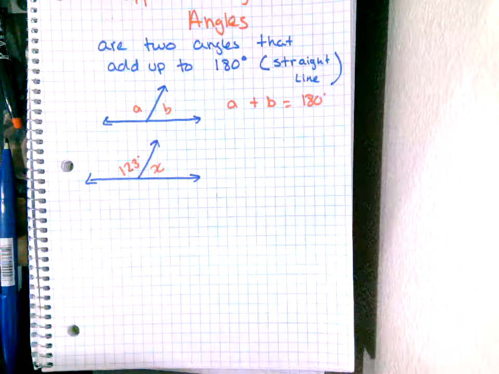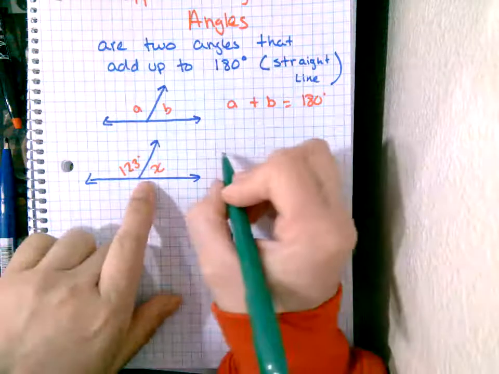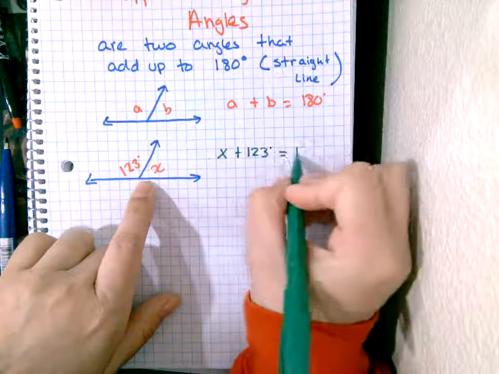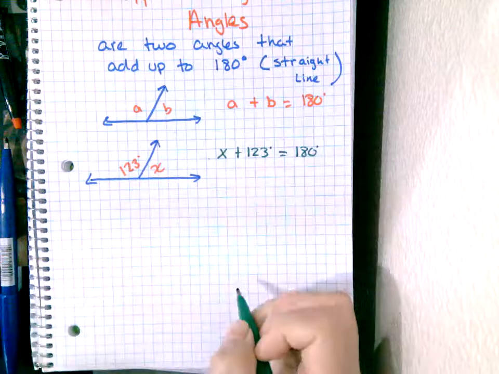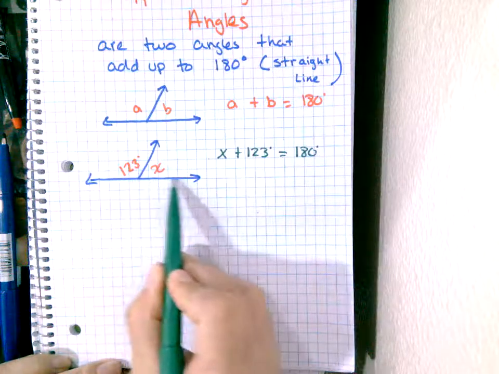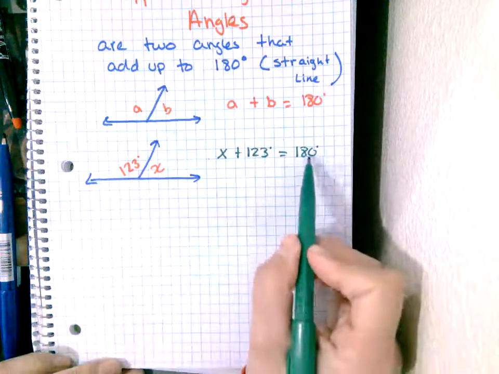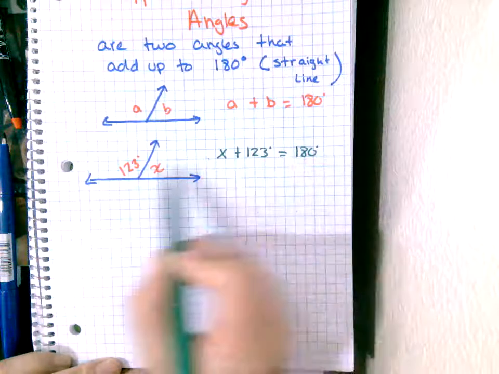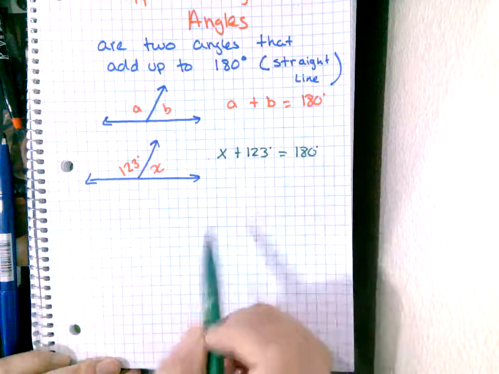So I'm going to set up my equation. I have X plus 123 is equal to 180 degrees, right? Because this looks like the straight line. So we know that straight lines always equal 180. It's a straight angle.